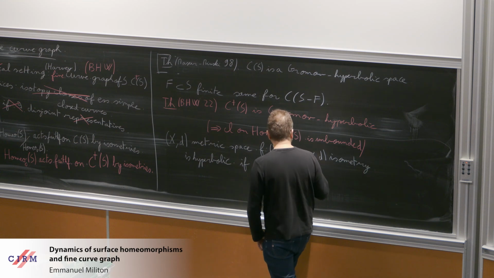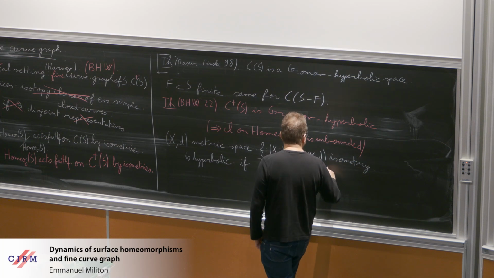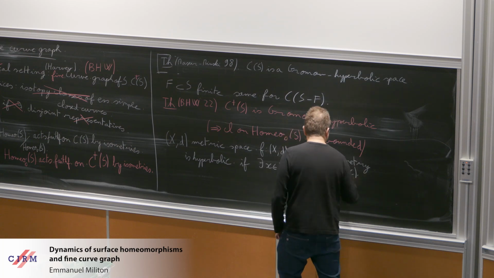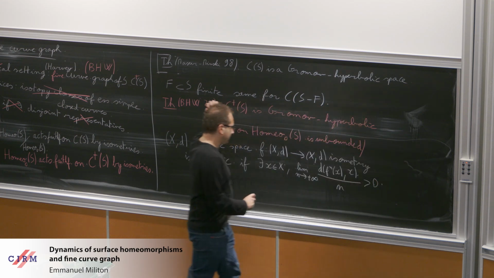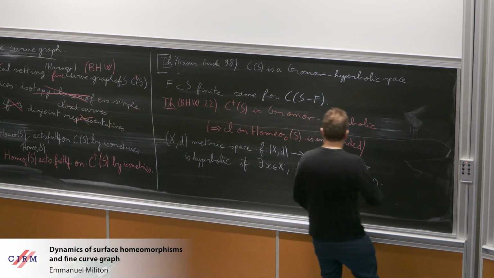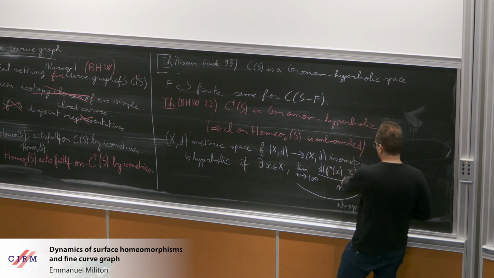I will explain a little more, such that you go to infinity at linear speed, at least linear speed. Some comments. First, this limit always exists by Fekete's lemma because this quantity is sublinear as f is an isometry.